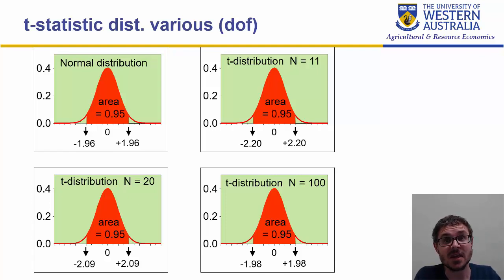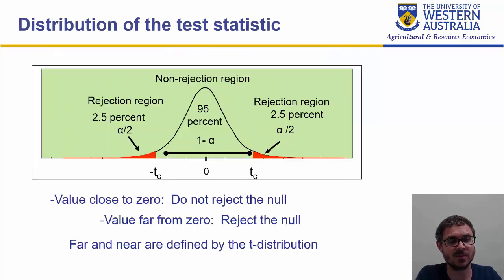So the critical t is different for every sample size, but roughly, it's always going to be around 2, not too far from 2. So in our case, what does it mean? Close to 0 is the do not reject zone, far from 0 is the reject zone. We could have big negative or big positive numbers for our t-value. It doesn't matter.